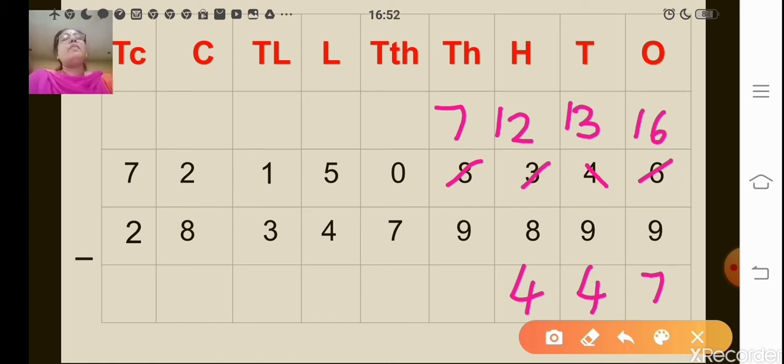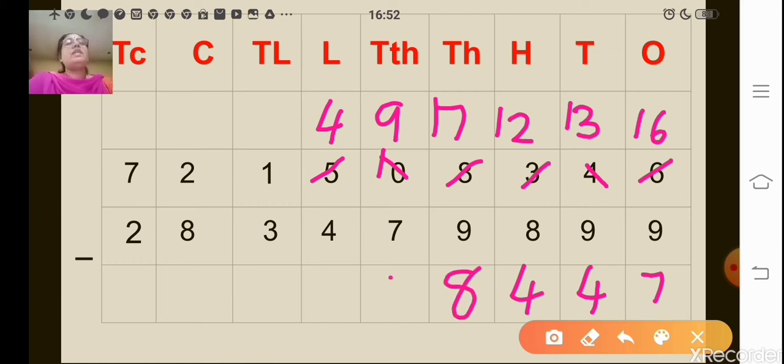So you'll borrow from the lakh place. This will become 4, and this will become the number 10. Now from 10 if you borrow, this will become 9 and this will become 17. Now 17 minus 9, count from 9 till 17, so it will be 8.